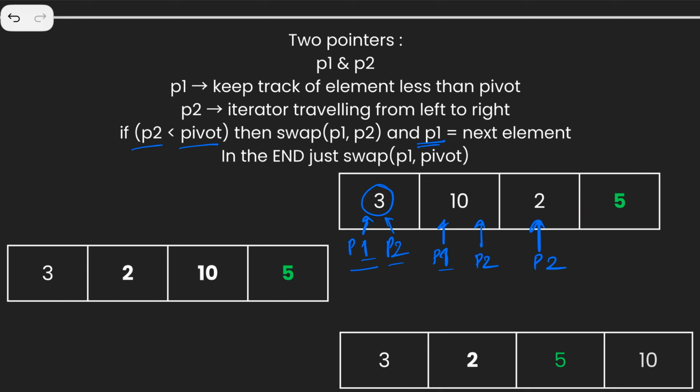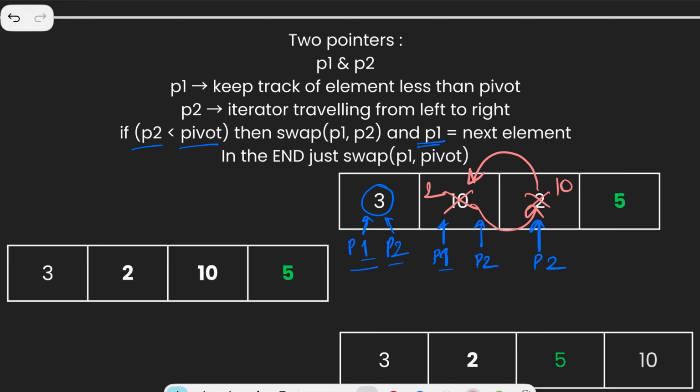Okay. Now we check. Is P2 less than our pivot element? Yes. So we need to swap, right? So we need to swap 2 with 10. So now here we will have 2 and here we will have 10. P1 will point to 10 now, and P2 will be incremented and pointing to 5.